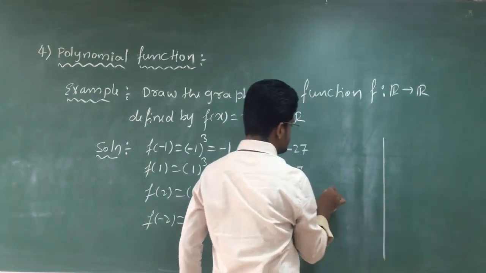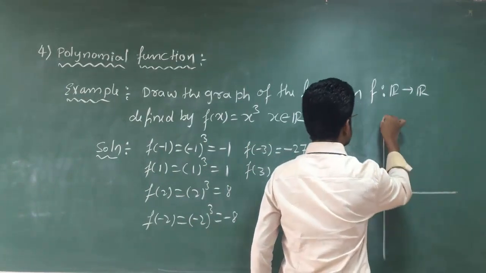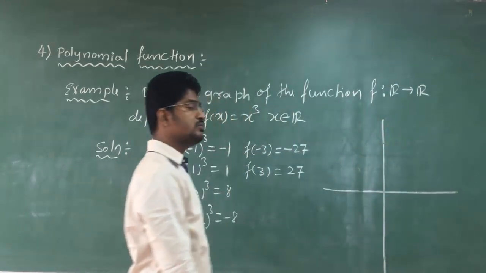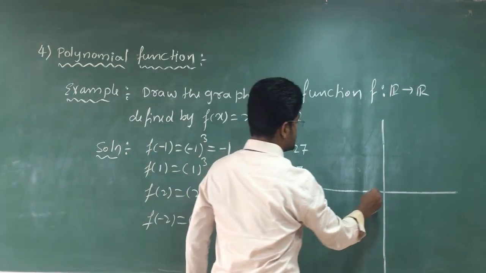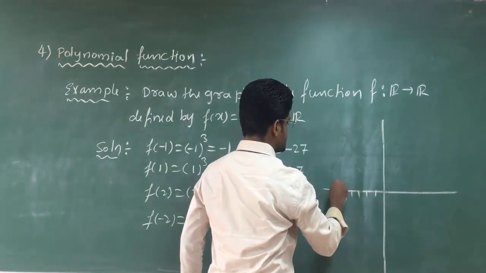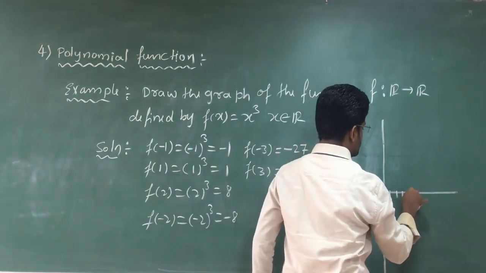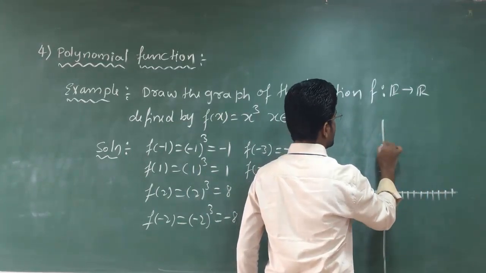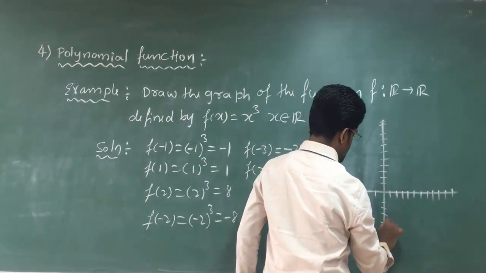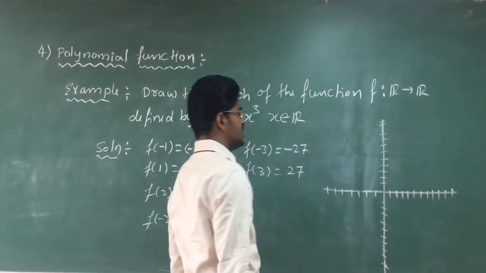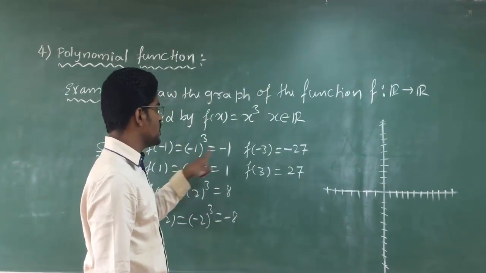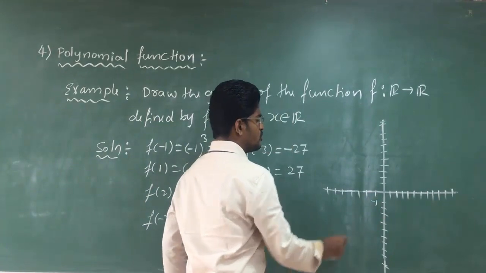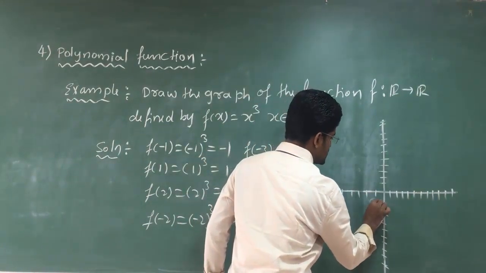See here. This is the x axis. This is the y axis. No problem. Let us take some examples on the negative x-axis and positive x-axis, positive y-axis and negative y-axis. See, for -1, the output is -1. If I take the x value as -1, the output is also -1. So this is the dot.